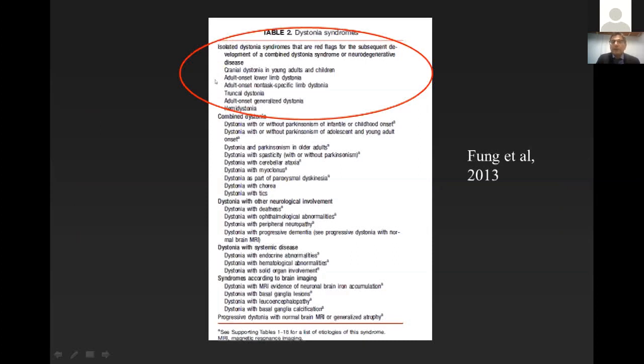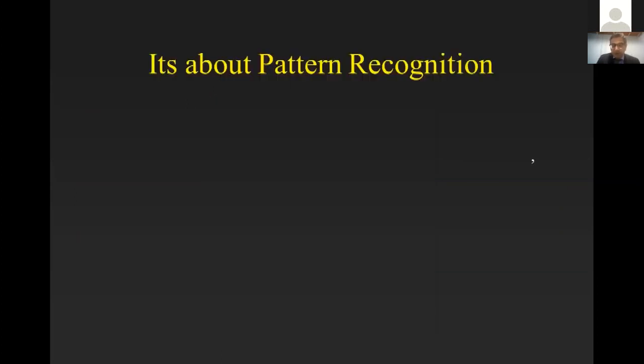An adult develops lower limb dystonia. That is not the right distribution and age of onset. And here, even though it is isolated dystonia, you have to be careful because this patient may have another cause rather than it being an idiopathic type of primary dystonia. So that's very important in this regard.